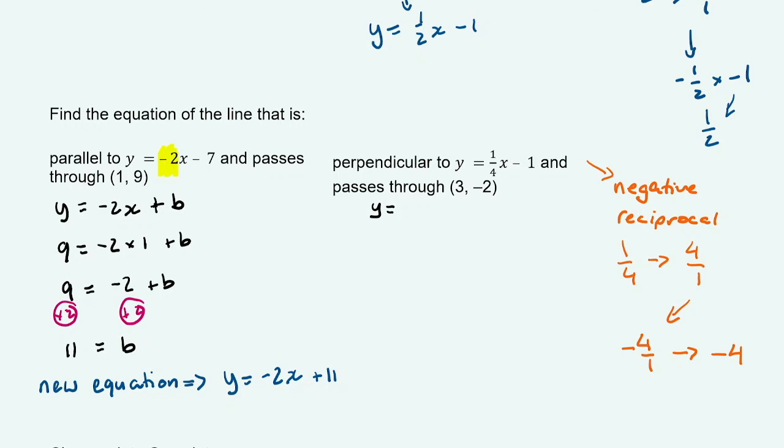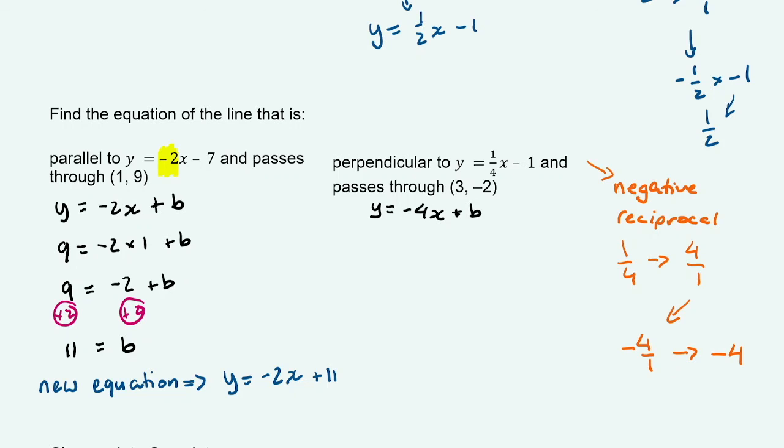So y equals minus 4x plus b. Now we've got those values for that coordinate for that point. Again, it doesn't necessarily have to go through minus 1 again. It may not, but we need to figure that out.